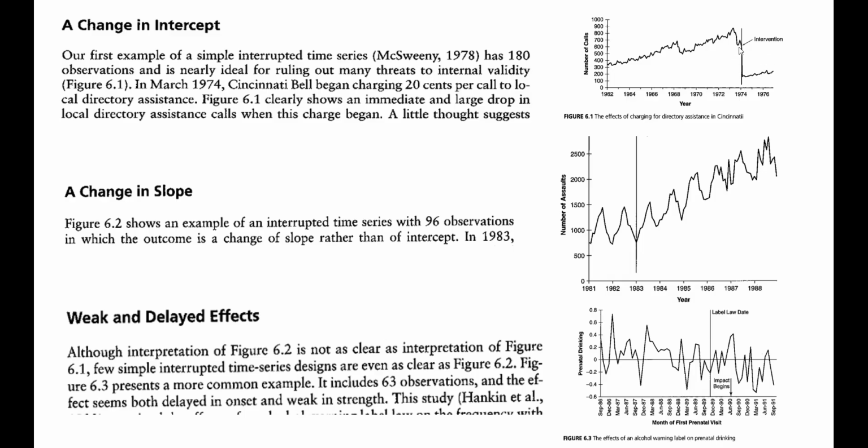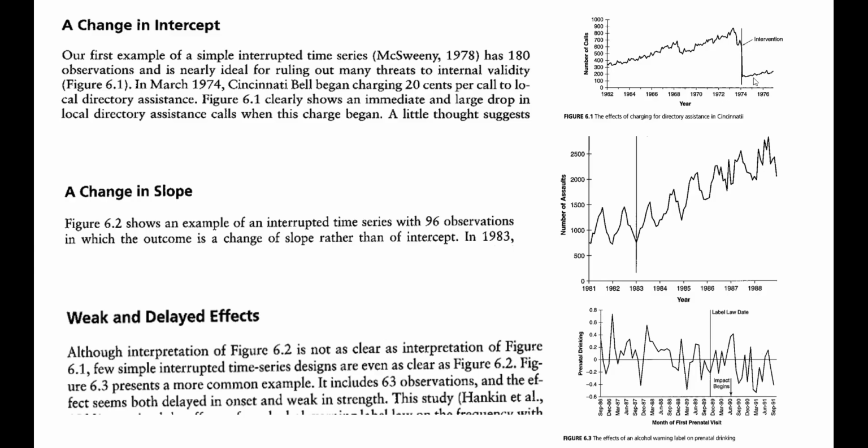You can see that if we use that vertical line right above 1974, going from that point forward, the intercept, which would be where that line starting at 1974 touches that vertical line, was a big shift and a change in the intercept.